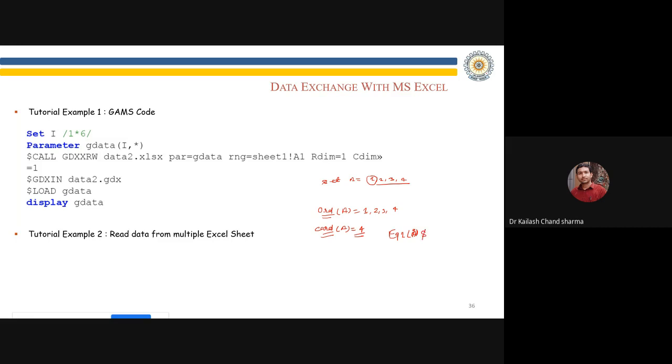So I can write the dollar ord A eq 1. Here eq stands for the equal-to sign, or directly you can use the equal-to sign now, but earlier they used eq. So now this equation only executes for 1. If you want to execute for 2, you can write 2 here. So these two functions, ord and card, are very helpful in GAMS coding.